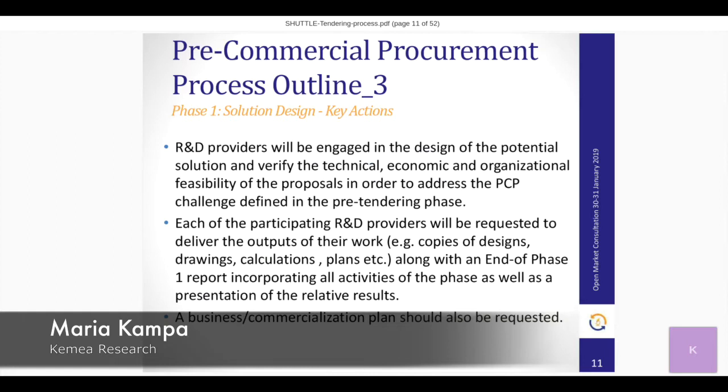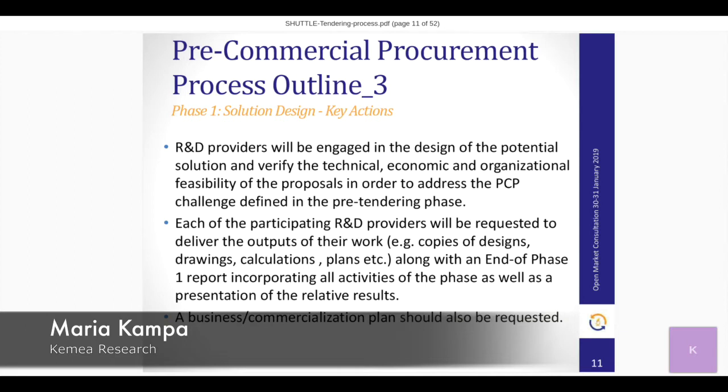The key actions are that R&D providers will be engaged in the design of the potential solutions and verify the technical, economic and organizational feasibility of the proposals in order to address the PCP challenge defined in the pre-tendering phase. Each of these R&D providers will be requested to deliver the outputs of their work with an end-of-phase report 1, incorporating all activities of the phase as well as a presentation of the relative results.